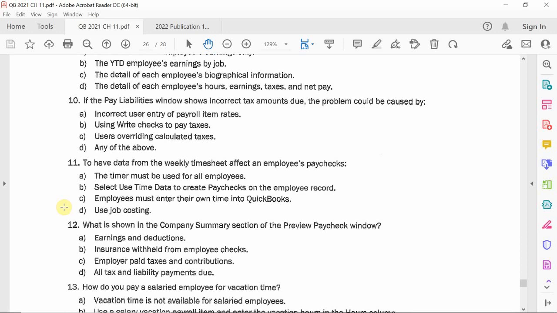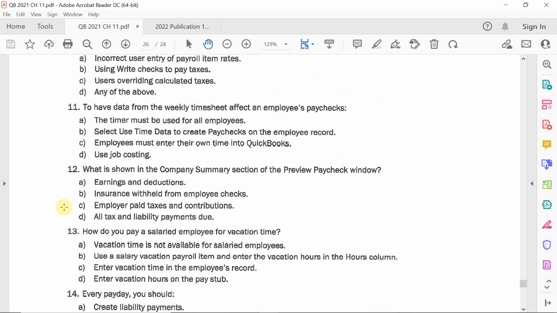You're going to select the user's timesheet date to create the paycheck on the employee's record. So I did tell you that if for any reason you want the timesheet to affect the paycheck, all you have to do is use the timesheet, or at least turn on the preferences so you enter in time, and it will automatically transfer the information for you to process your payroll right away.